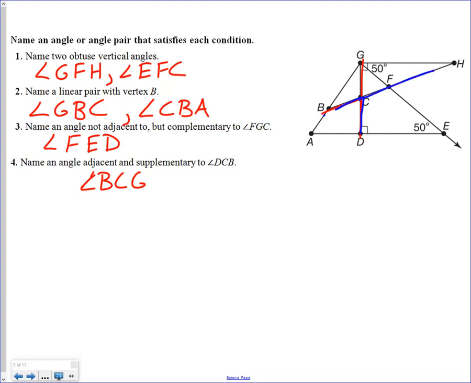We could also make our line this way and use FCD. Again, with FCD, you could also use HCD, but you only need one. Questions there?